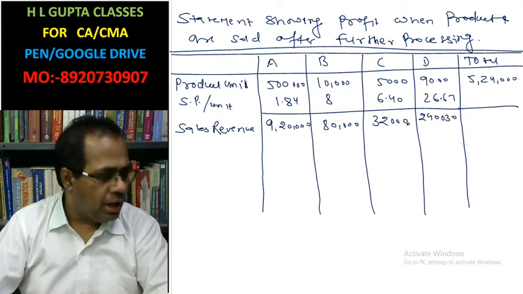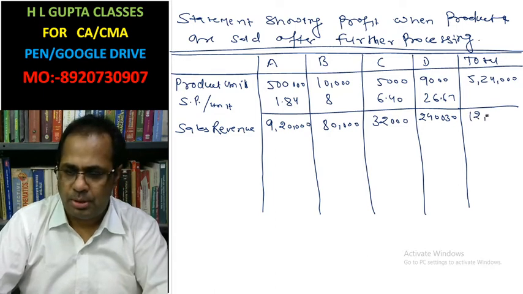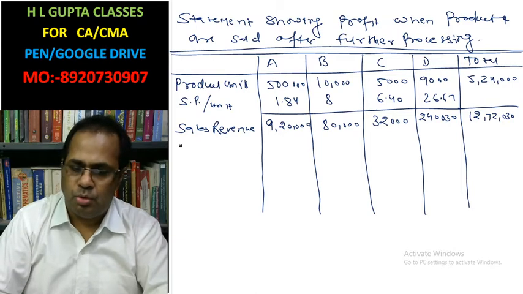Total is 12,72,000, 12,72,030. Now less further processing cost.